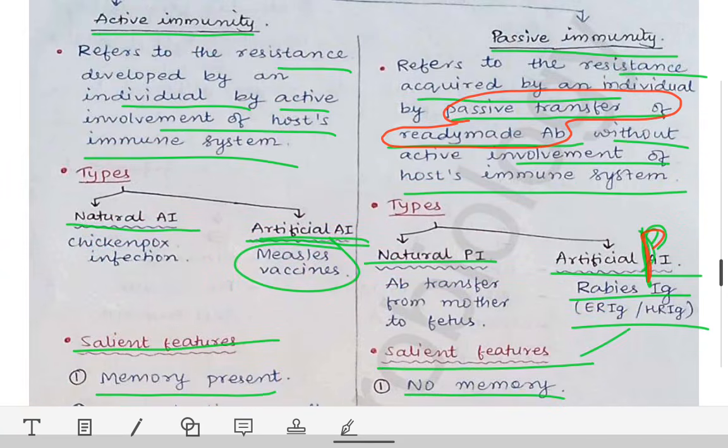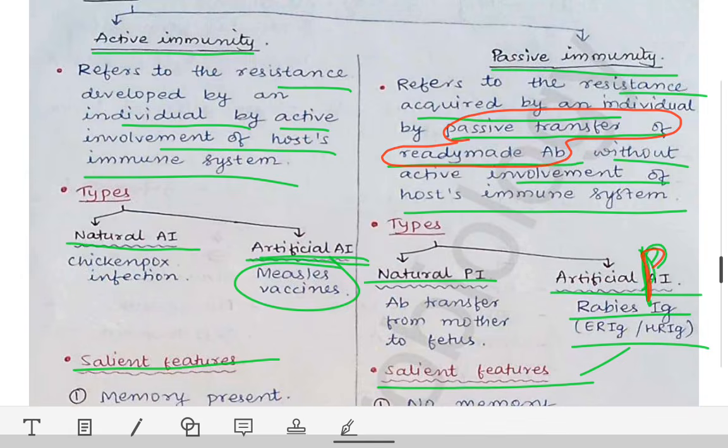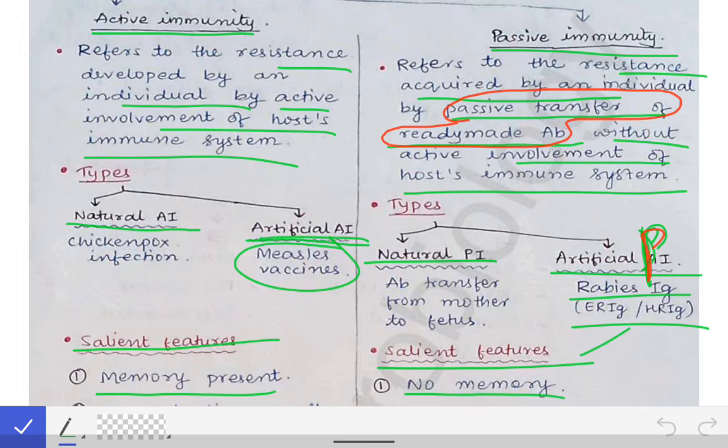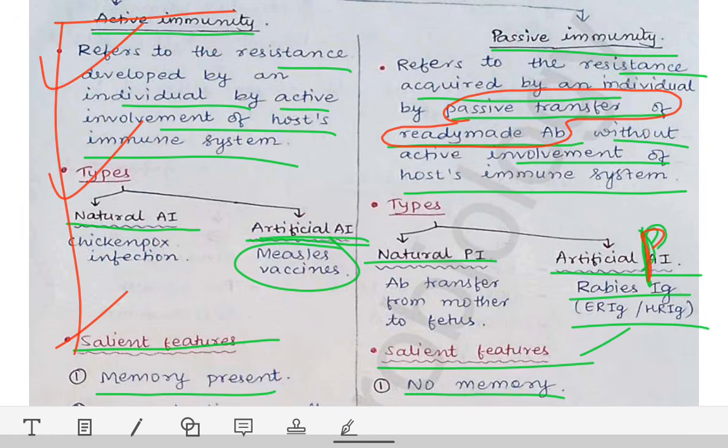Similarly for the passive immunity. If they ask you to write the differences between the two, then start right from here, from the definition, then types, and then the salient features. Write all of these in the difference between the active immunity and the passive immunity. This will fetch you good marks.